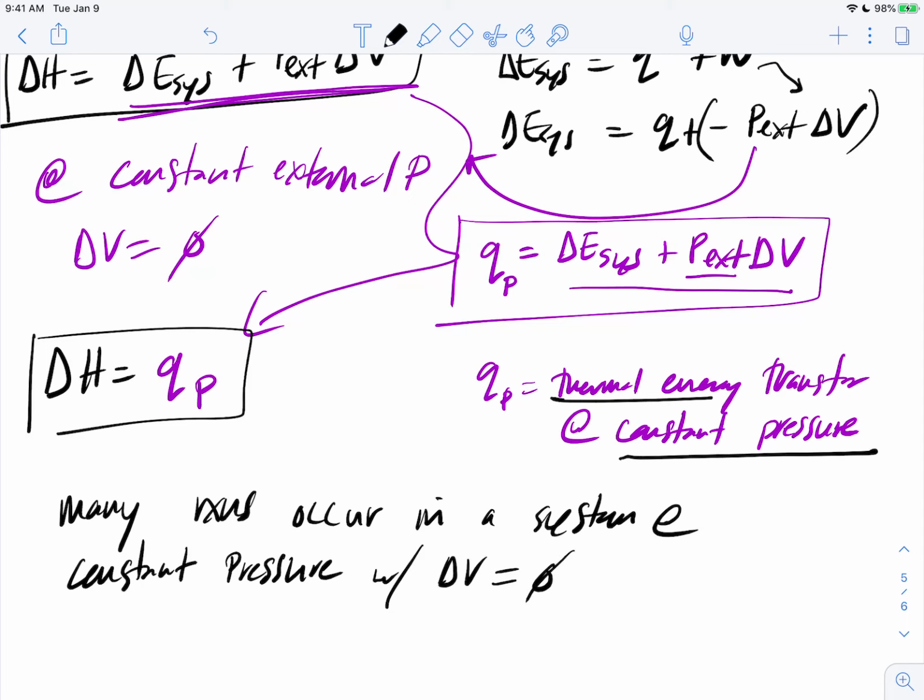That means that the definition of enthalpy, and the way I want you to think about this, the whole reason we did this was to show you that enthalpy, delta H, or more specifically the change in enthalpy, is equal to a thermal energy transfer at constant pressure.